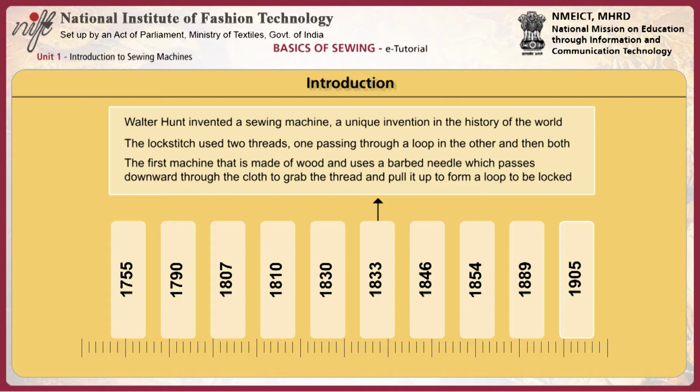The machine was made of wood and used a barbed needle which passes downward through the cloth to grab the thread and pull it up to form a loop to be locked by the next loop. Hunt later lost interest in patenting because he believed his invention would cause unemployment.